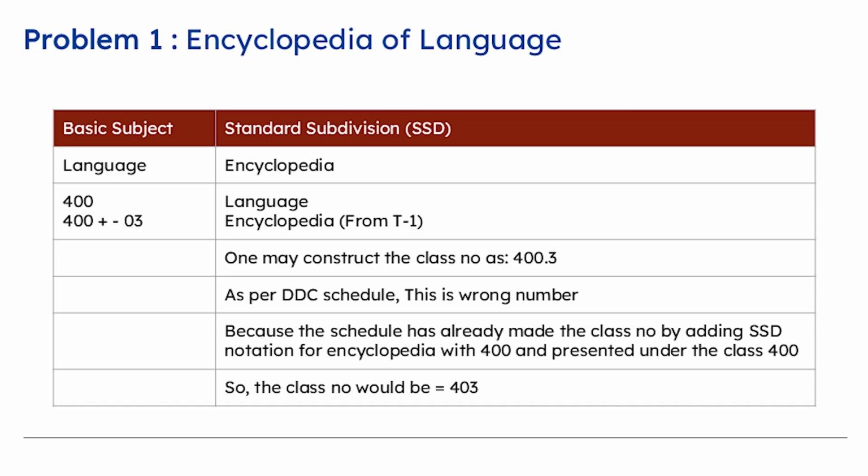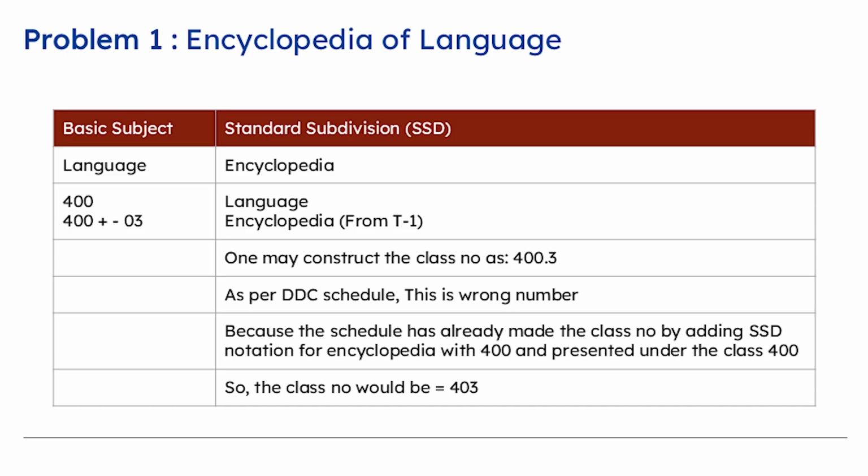In case of 000, in case of 200 region, in each main class, we will see that under the main class number, the notation is already added from table 1 with the basic number and the class number is formed.